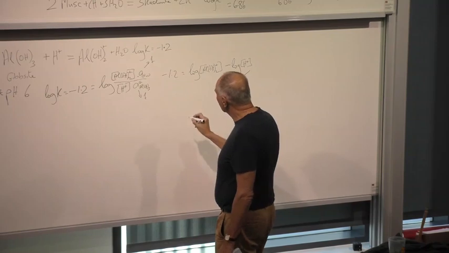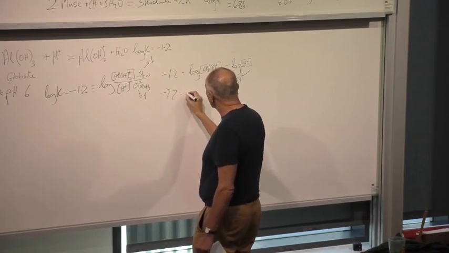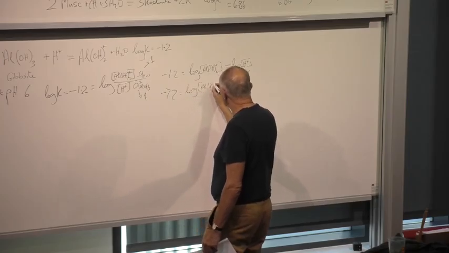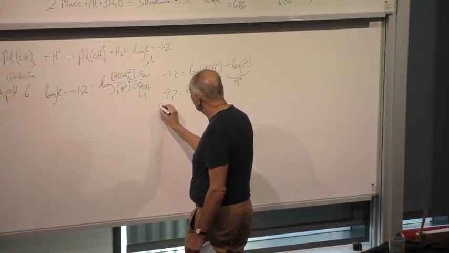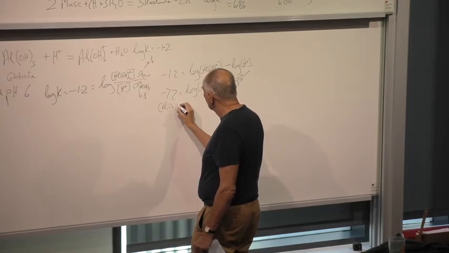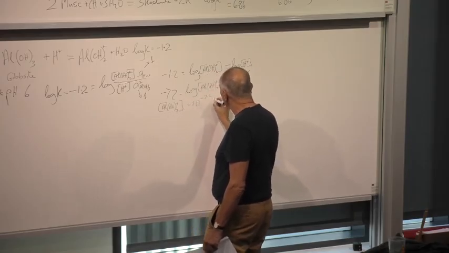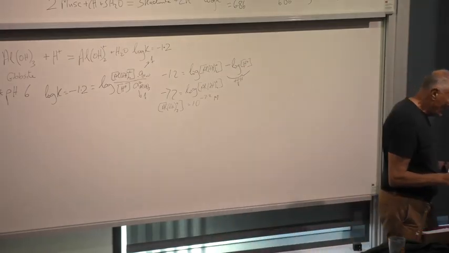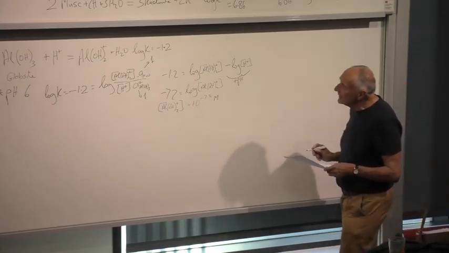At pH 6, minus 7.2 is equal to log the concentration of AlOH2 plus, or the concentration is 10 to the minus 7.2 molar. Not very much, okay, in a technical term.